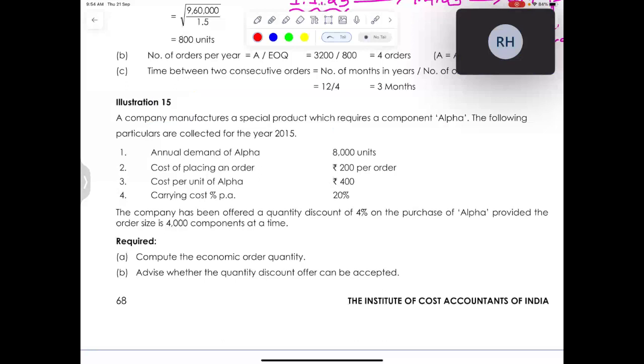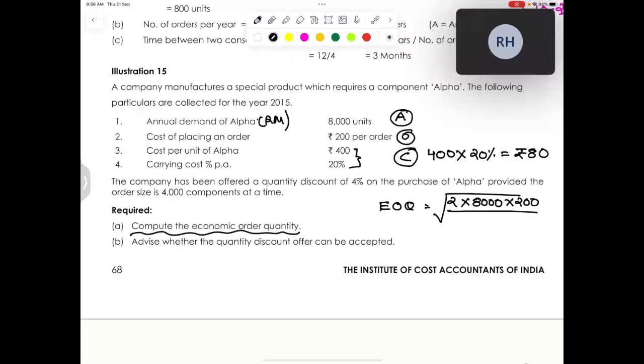क्या चीज है बेटा 80? एक यूनिट ऑफ रॉ मटेरियल, अगर अल्फा की एक यूनिट हम साल भर अपने गोडाउन में स्टोर करेंगे तो हमें 80 रुपए का खर्चा आएगा. ओके, नाउ सबसे पहले हमसे पूछ रहा है कंप्यूट द इकोनॉमिक ऑर्डर क्वांटिटी. सो इट इज वेरी सिंपल. इकोनॉमिक ऑर्डर क्वांटिटी इज इक्वल टू √2 multiply by 8000 multiply by 200 divided by 80. कैलकुलेट कीजिए मालिक.